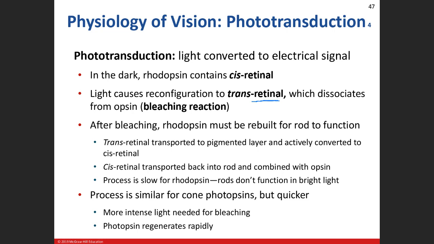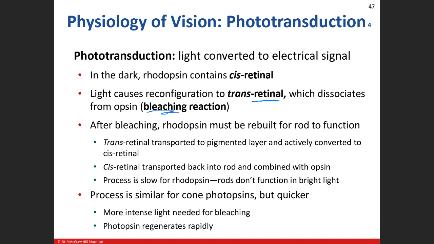So you walk out and you're like, oh my gosh, and you see a lot of white spots. That's the bleaching reaction, because you've caused your cis-retinal to change its configuration, and it pops right off of the opsin protein. So remember, what is the job of our rods? Night vision. Well, you just stepped out into the sun. You're not going to be using your night vision. You've caused this bleaching reaction to occur.